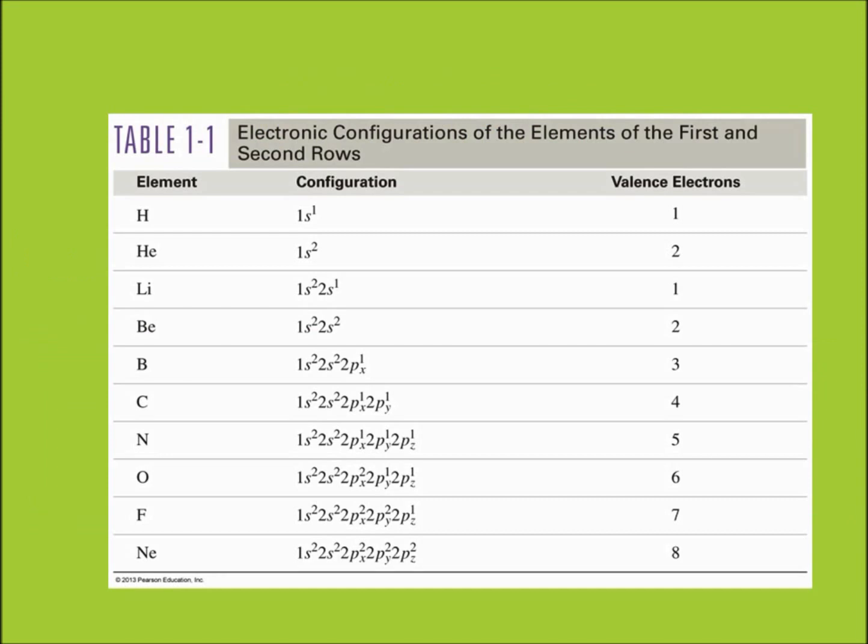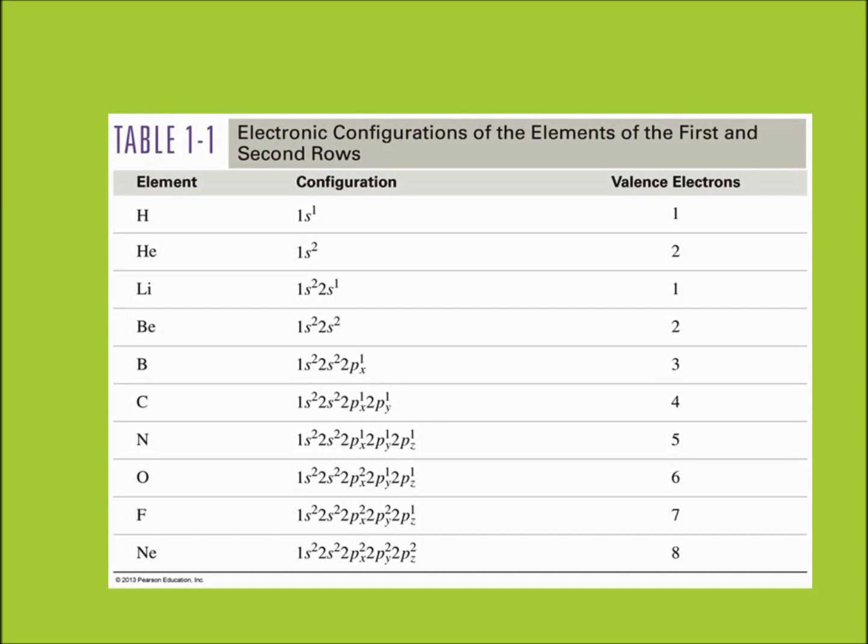If we follow all 3 principles or rules, we are able to write the electronic configuration of the elements in the periodic table. Here we have elements from hydrogen to neon. Hydrogen has 1 electron. That electron is placed in the lowest energy level, the 1s orbital.